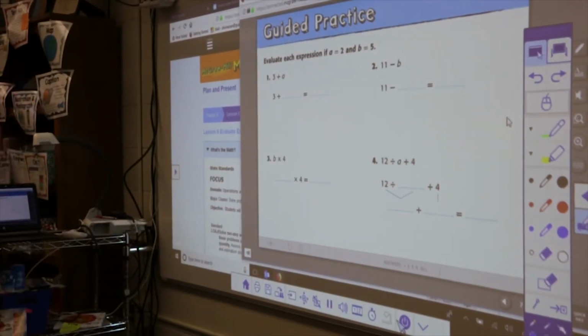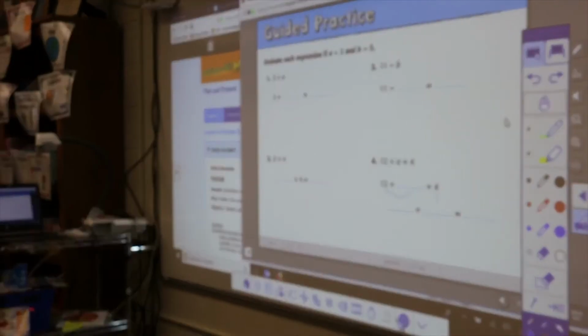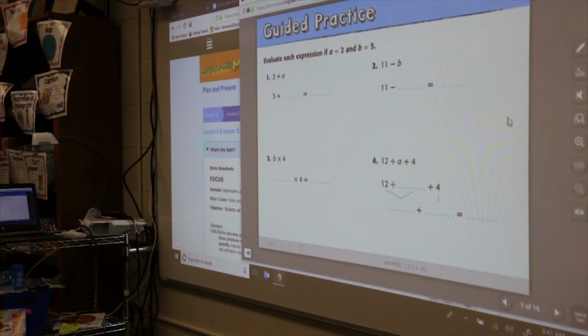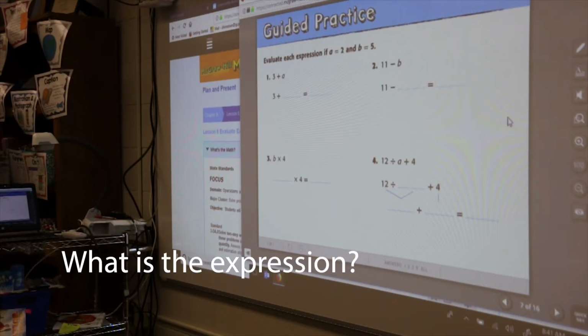Listen to my directions first. Before we do any solving, any thinking, I want you to look at number 1. Just write the expression in number 1. What's the expression in number 1? Let's make sure that we write the expression. That's the expression.